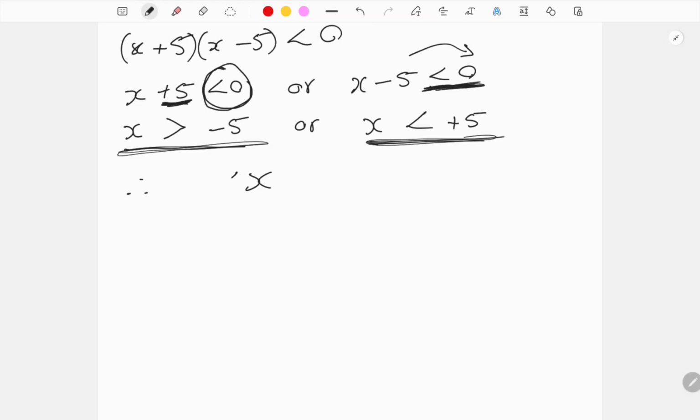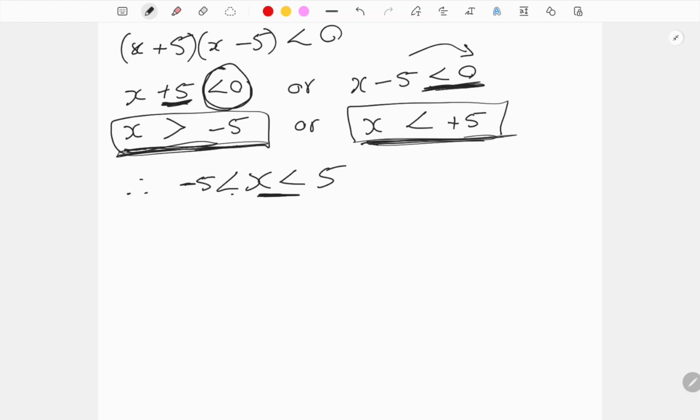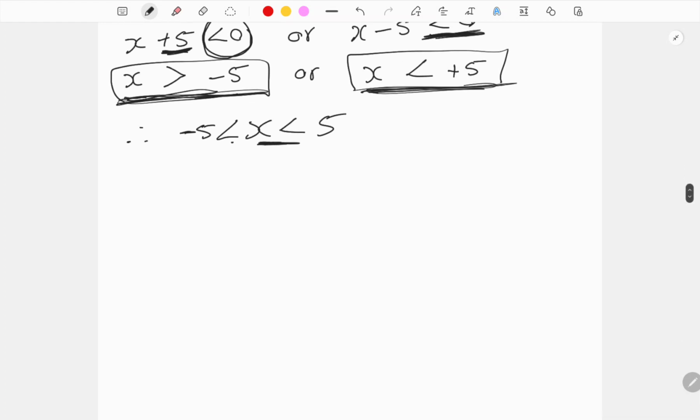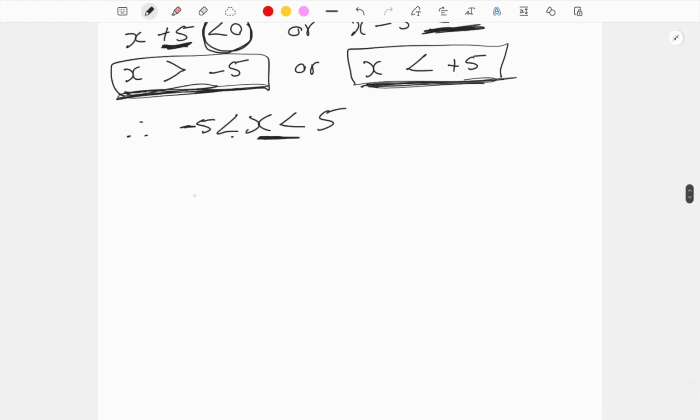We are saying x is greater than minus 5, but also x is less than 5. And here we can also say x is less than 5. Good. Let's go to the number line.